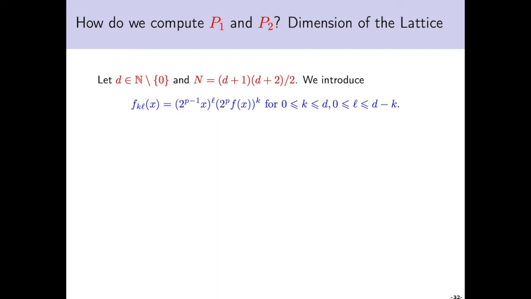Okay. So this is a triangle set of monomials, and the number of such elements is (d plus 1)(d plus 2) divided by 2. Okay, just a triangle. So the dimension of the lattice is this one.